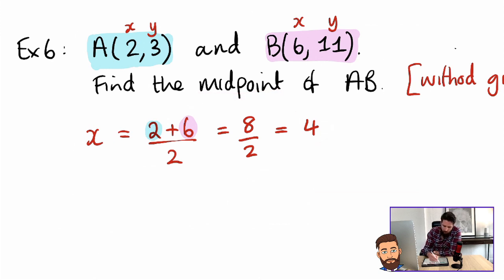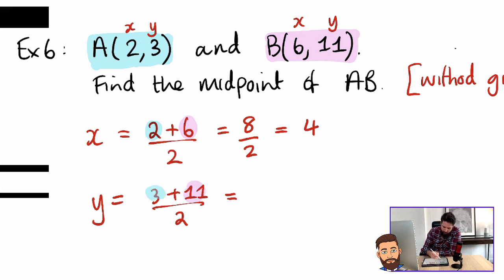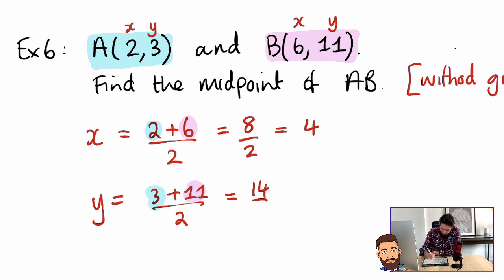To find the y-coordinate of our midpoint, we simply need to do the same, but for the y-coordinates, we've got 3 and 11. So we'll do 11 and 3 added together, and then half it to find the middle of those 2 points. 3 add 11 is simply going to be 14. 14 divided by 2 is 7.